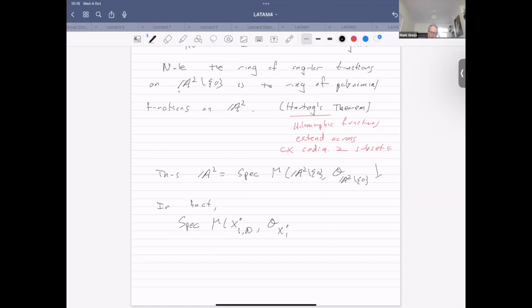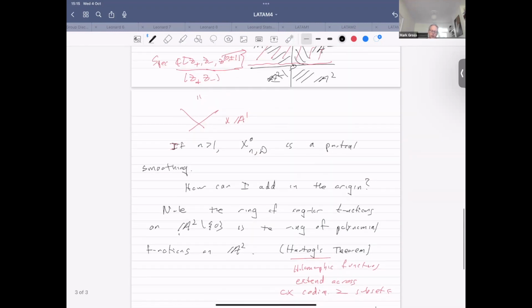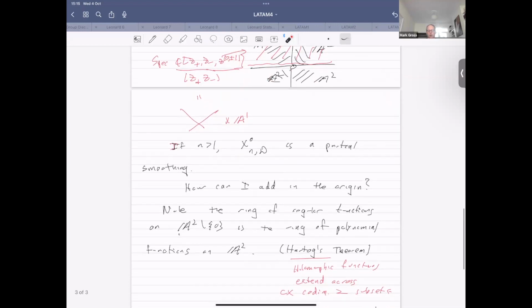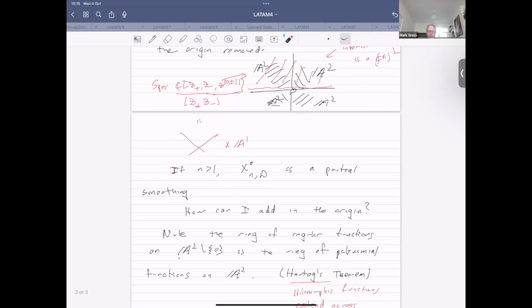If I take the ring of regular functions on this gadget, this union of 4 A2s minus the origin, it is easy to see from what I just said that a regular function on one of these A2s extends across the origin.